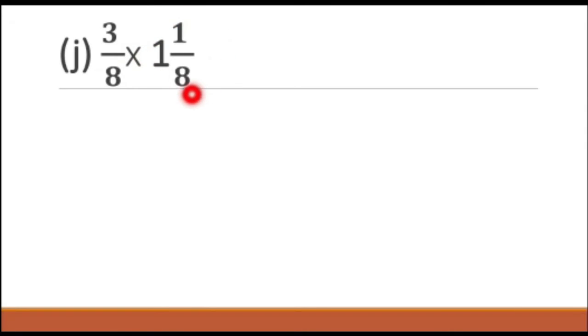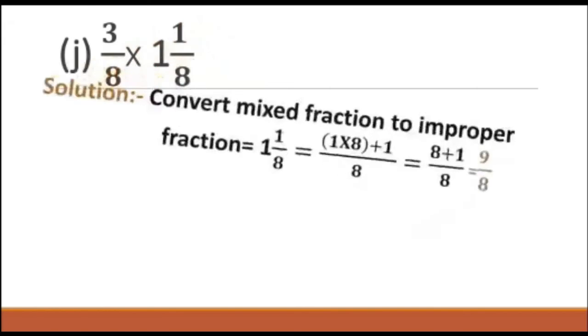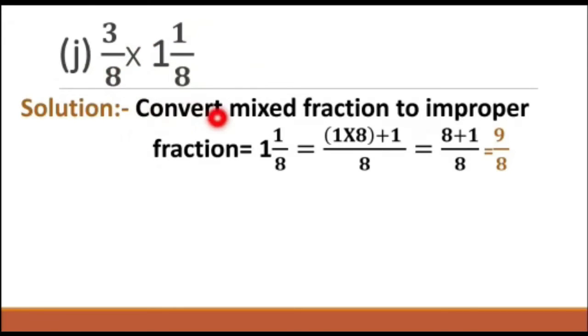So first we need to convert this mixed fraction into an improper fraction, then we will multiply. Let's see how. So convert mixed fraction to improper fraction. How do you do that? Whole part multiplied by denominator and adding the numerator. So 1 eights are 8 plus 1 is equal to 9, and the denominator we will write as it is.